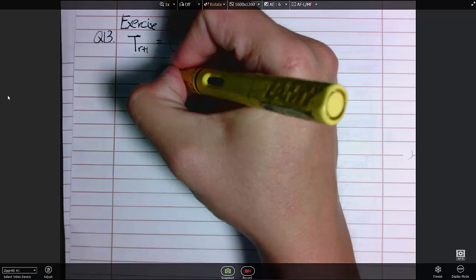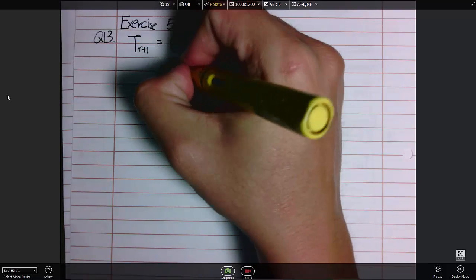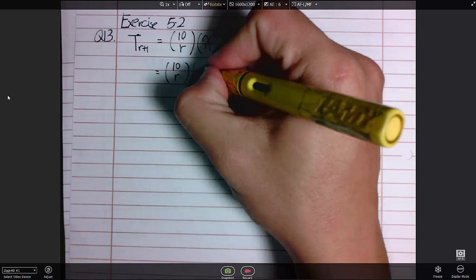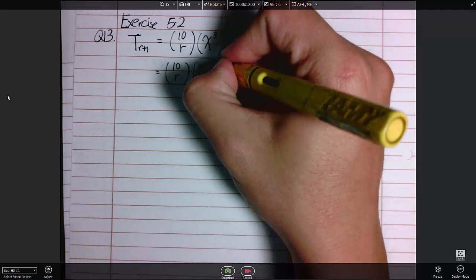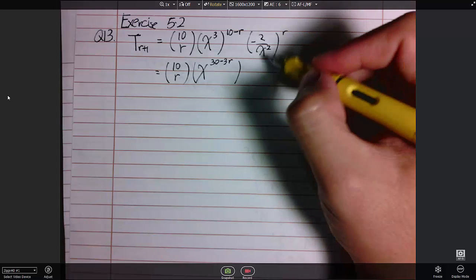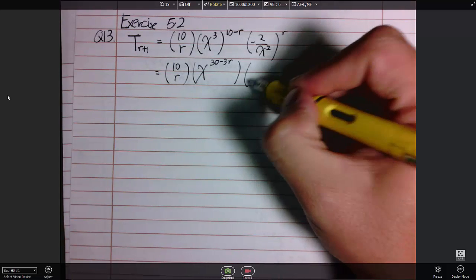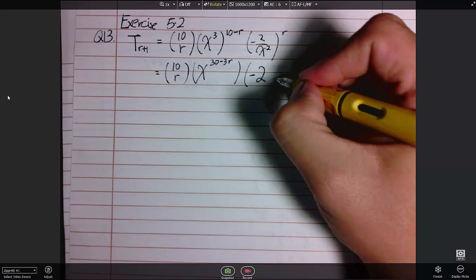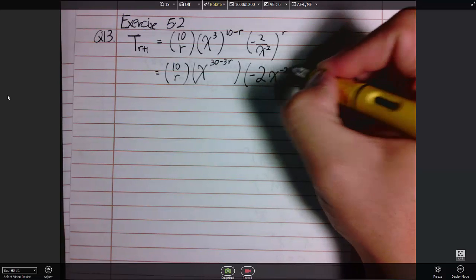If you want to simplify this, what we get is this. If I open the brackets, 3 times 10 minus r will give me x to the power of 30 minus 3r. For here, I'll rewrite it as negative 2 times x to the power of negative 2.